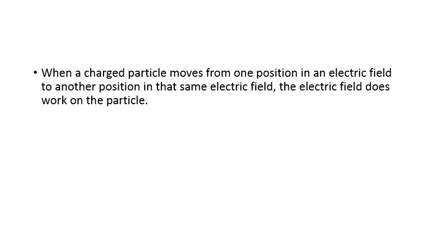When a charged particle moves from one position in an electric field to another position in the same electric field, the electric field does work on the particle. The work done is conservative.